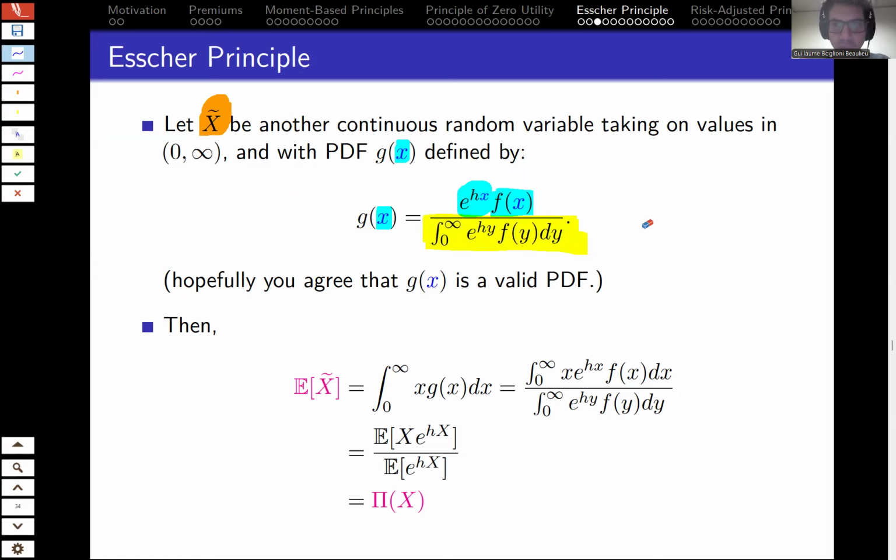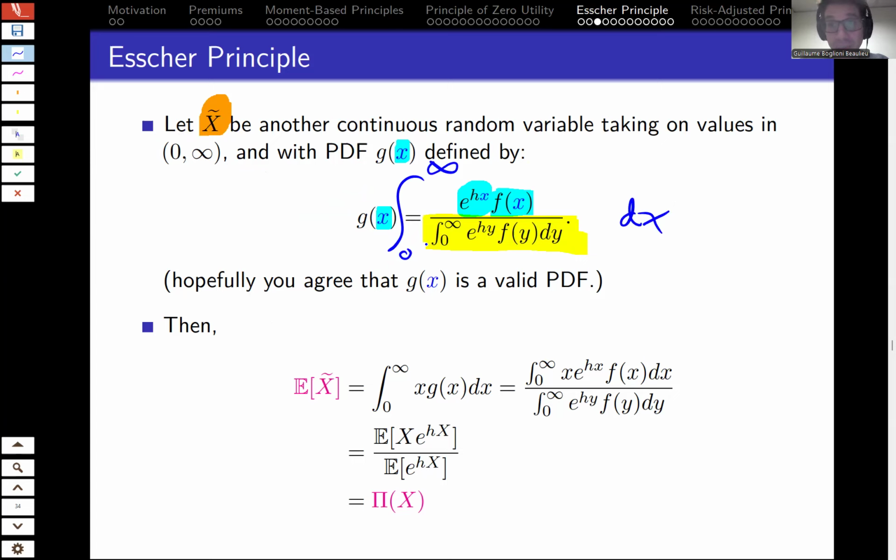Now, let's first agree that this function is a valid density. Maybe you can take a second to convince yourself it's the case. It is the case because for this to be a valid density on the support 0 to infinity, it means that the integral of this density from 0 to infinity with respect to dx needs to be equal to 1.